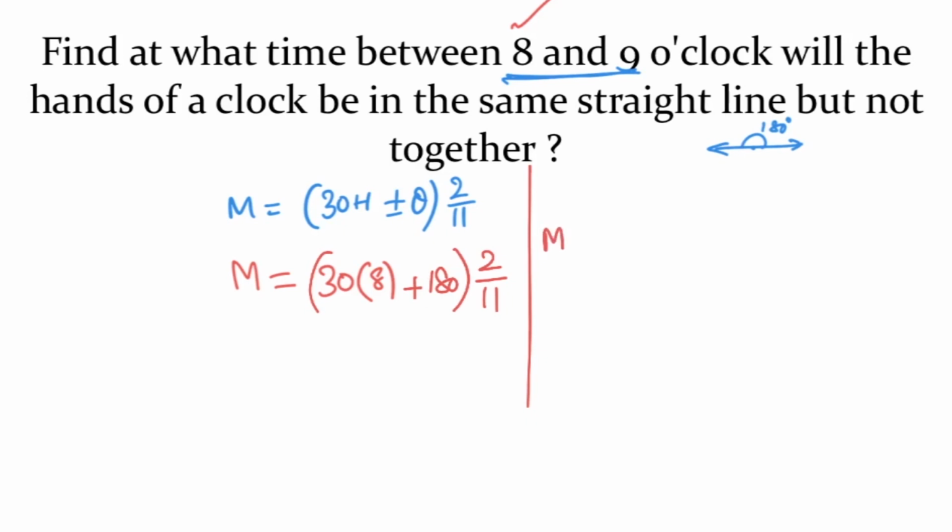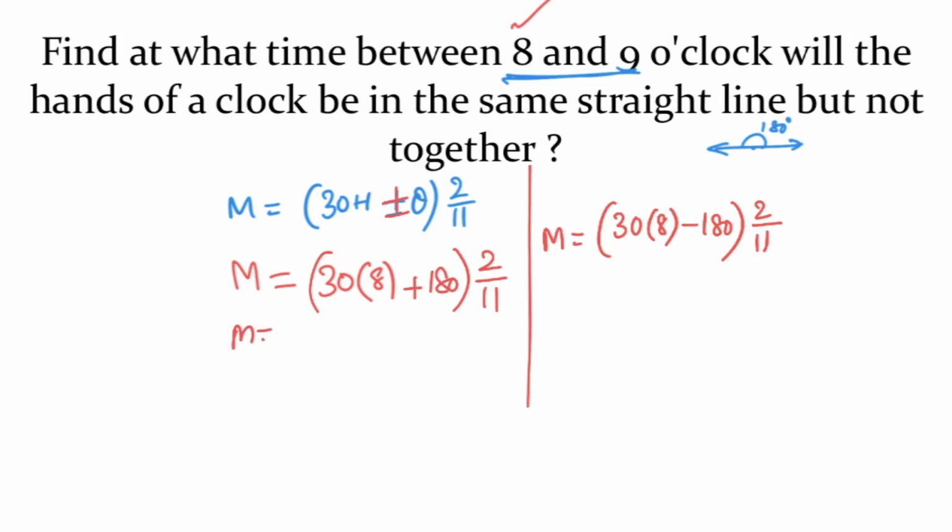Similarly, the number of minutes is equal to 30 into 8 minus 180 into 2/11. Plus theta once, minus theta once. We need to consider both the cases. Sometimes one of the cases will be eliminated.